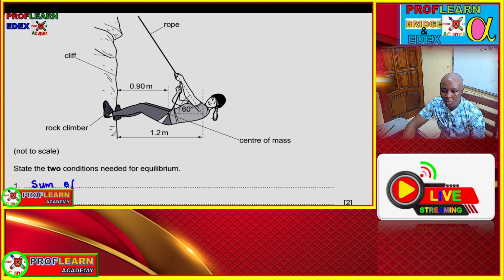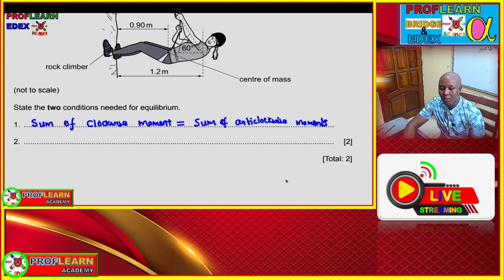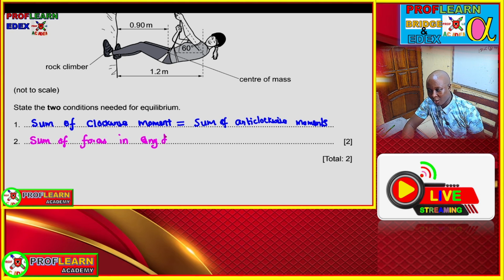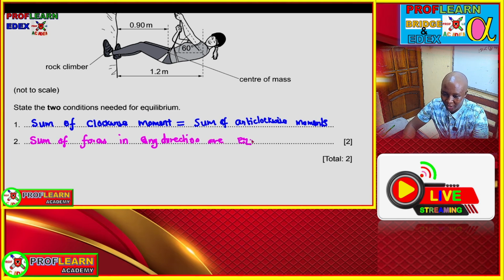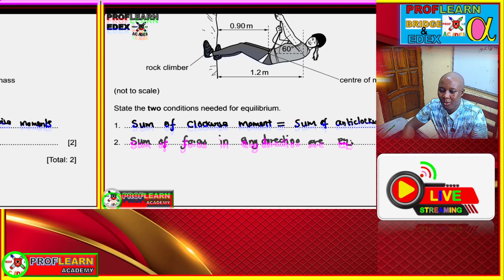Another area that is very important, an area that you can be tested, is the area of moments. So you need to understand the conditions for equilibrium, and you need to understand how a moment is calculated. Remember, moment is a product of force and perpendicular distance from the pivot. And then also you need to understand the principle of moments, that anticlockwise moment is equal to clockwise moment. Now in this question here, candidates were supposed to state the two conditions needed for an object to be at equilibrium.